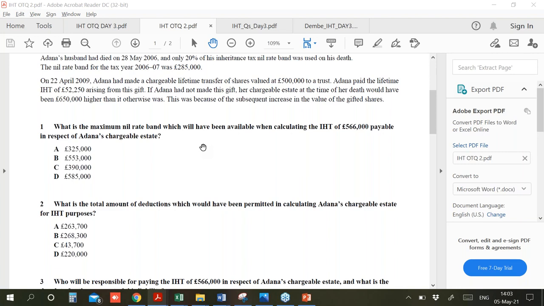What is the total amount of deductions which would have been permitted in calculating Adana's chargeable estate for IHT purposes? Now, in the first two MCQs, when I'm reading the scenario, I should check how much nil rate band is available to Adana. So I'll be looking for the nil rate band. And in the second, they've asked me about the deductions, so I'll be looking at the deductions that Adana can make.